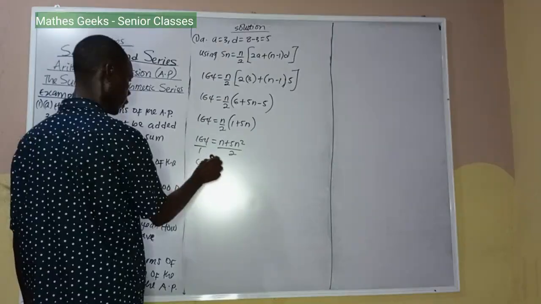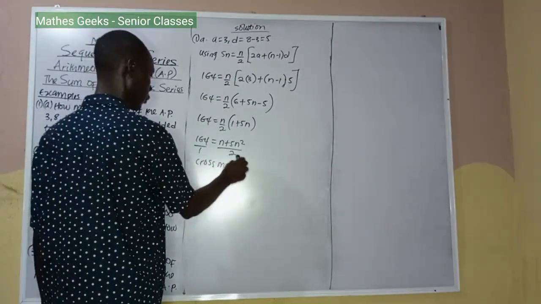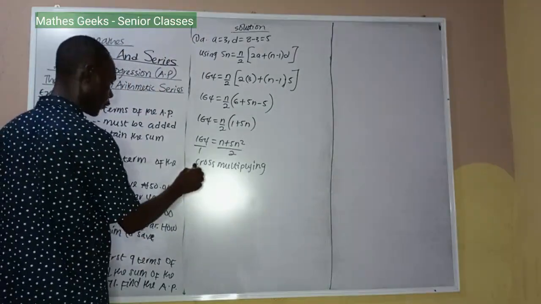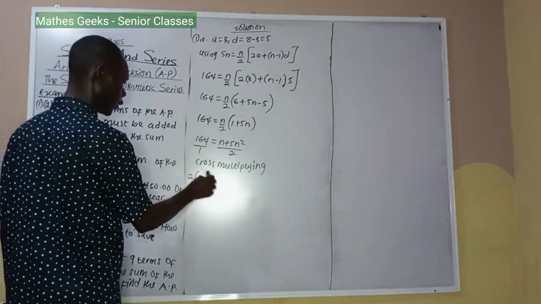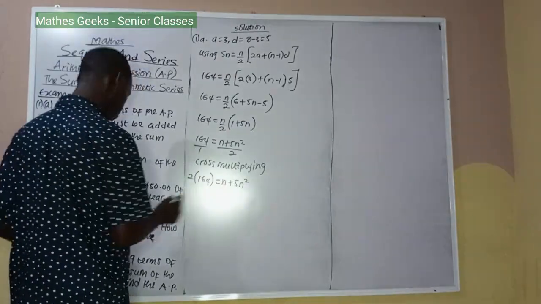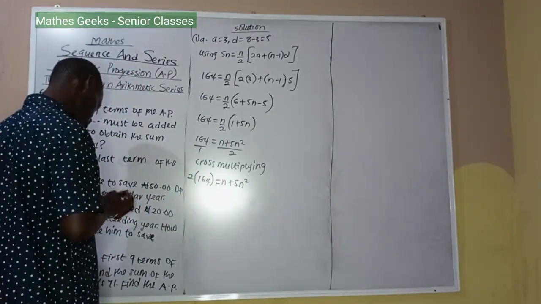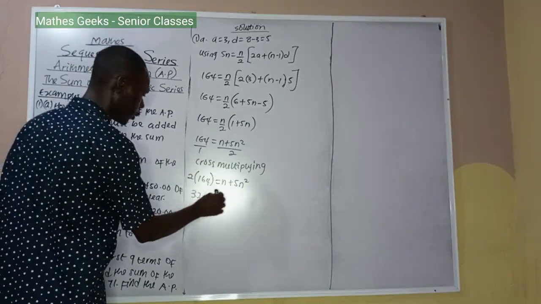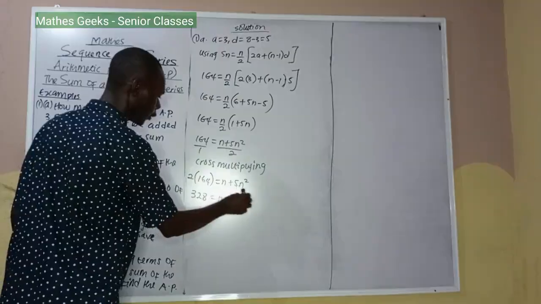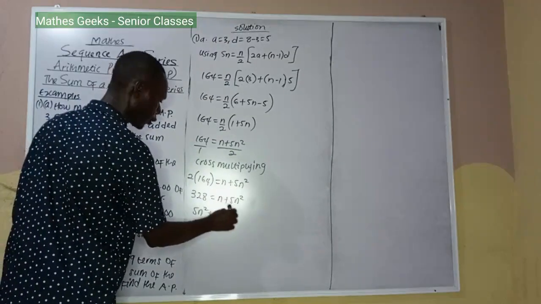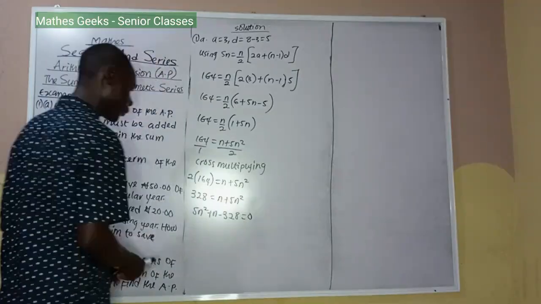Cross multiply. We're going to have 2 times 164, which is 328, equal to n plus 5n squared. So 5n squared plus n minus 328 is equal to 0.